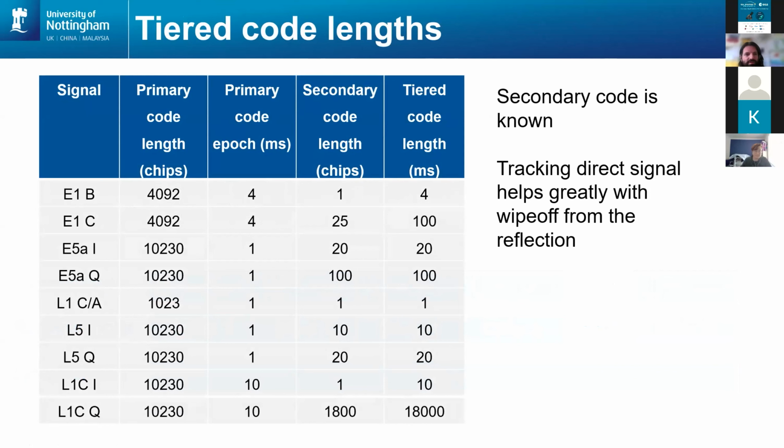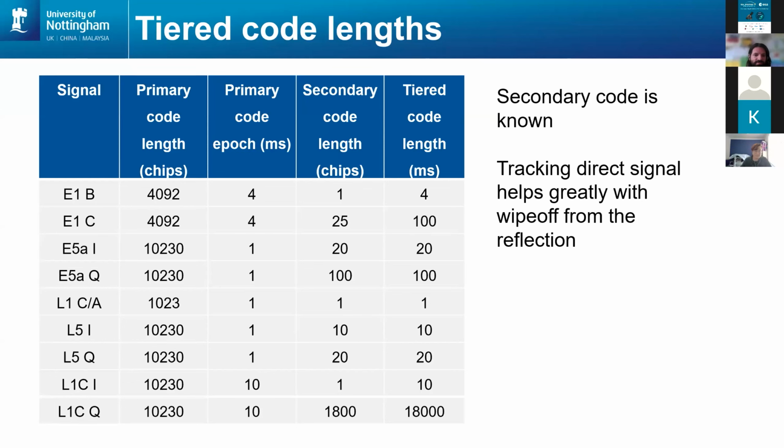And here is a table of some of the different coding numbers. We can see for Galileo signals and then GPS signals, generally the code lengths are much longer. The old C/A code is in the middle there, 1023 chips. We have 10 times the primary code in a lot of these new components.